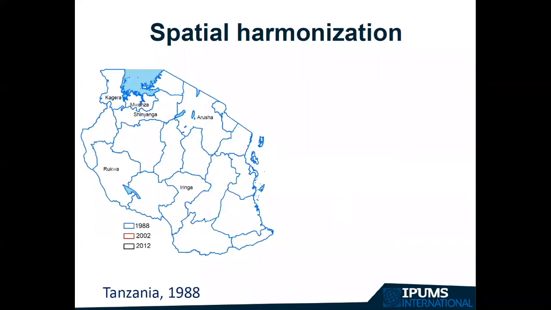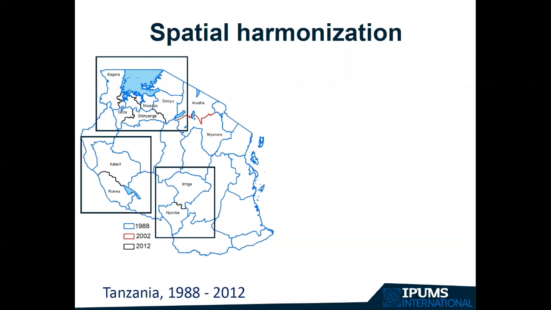Now, if we look at a map, and this is a map of 1988, as we move on to 2002, even though in the table you saw that Arusha exists for all three census samples, the spatial footprint of Arusha has changed, and Mainara was created from Arusha.